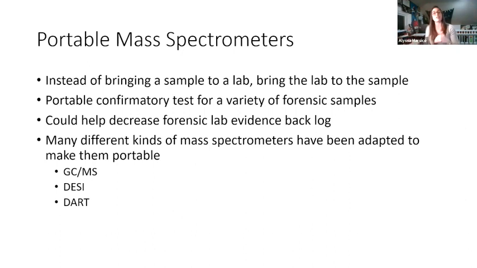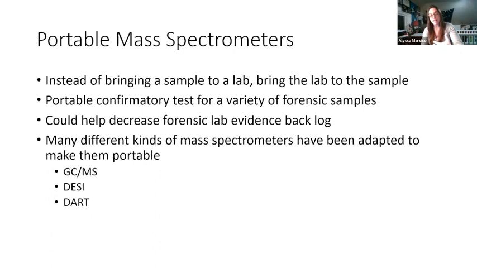Taking those instruments to the crime scene is the newest area of research. There are a few portable mass spectrometers out nowadays. We actually have one in the forensic science department, the portable GC mass spec. The biggest issue with portable instrumentation is it's never as accurate and never as sensitive as your lab or benchtop based techniques. But it does give you a level of confirmation that something may be present at the crime scene.